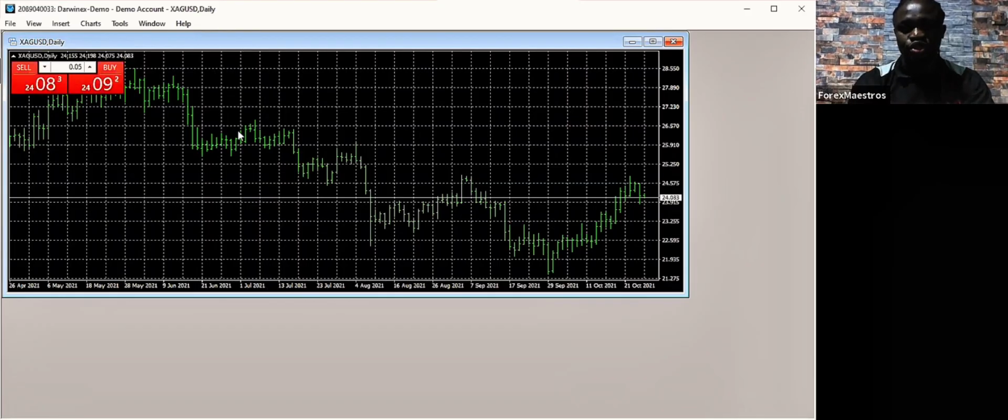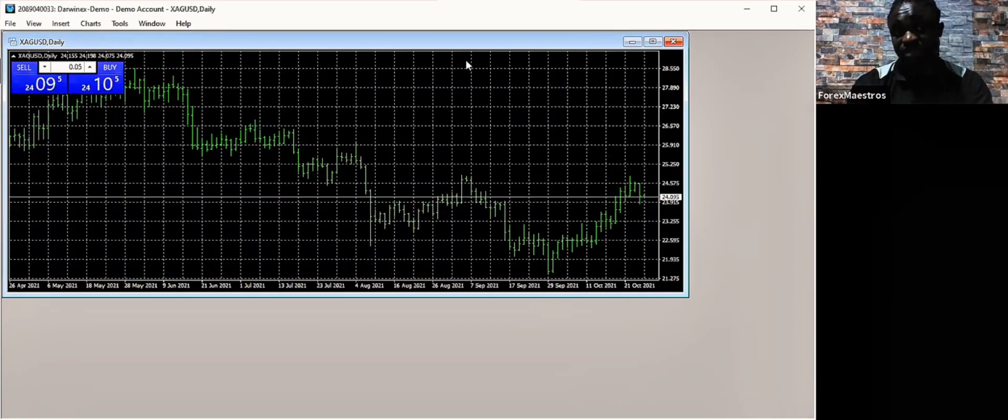So once you launch your MT4, this is most likely what you will see. For some of you, your MT4 workspace might be this small.